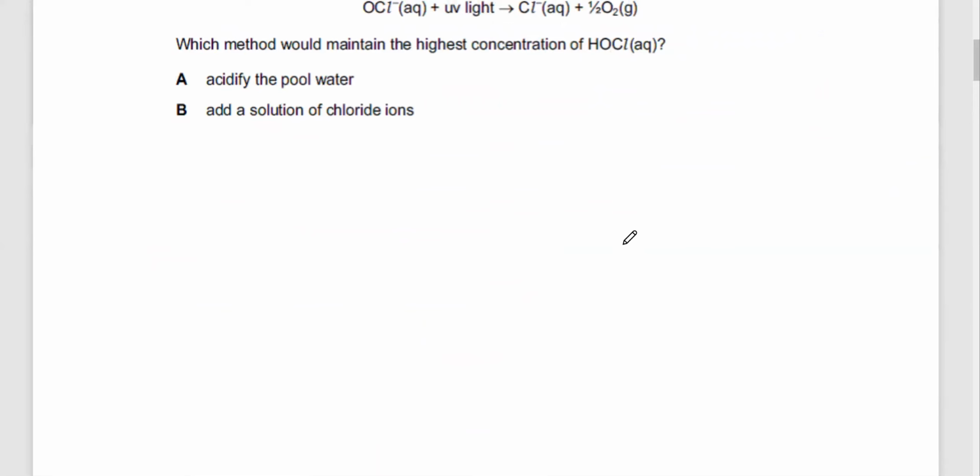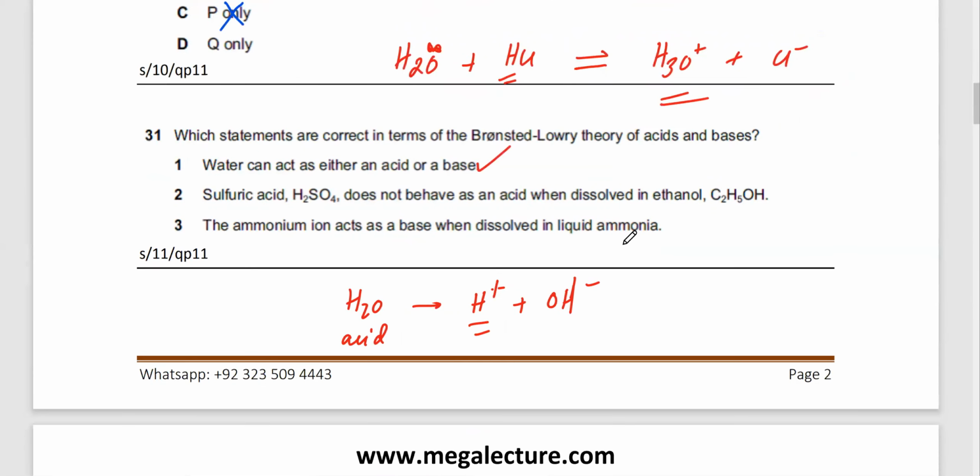So will the sulfuric acid ionize in the presence of ethanol? Can it behave as an acid in the presence of ethanol? Yes, it does. Why does it behave as an acid? Because ethanol is slightly acidic actually, not basic.